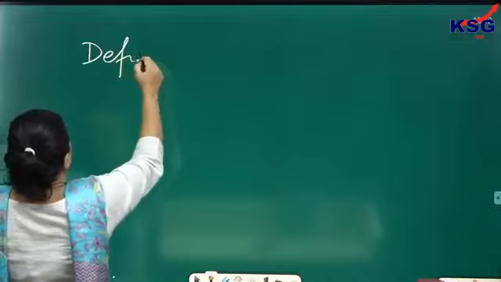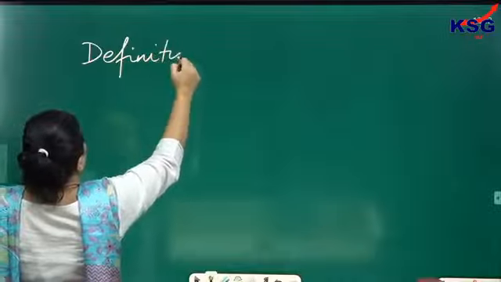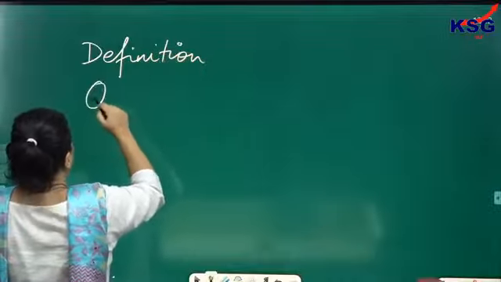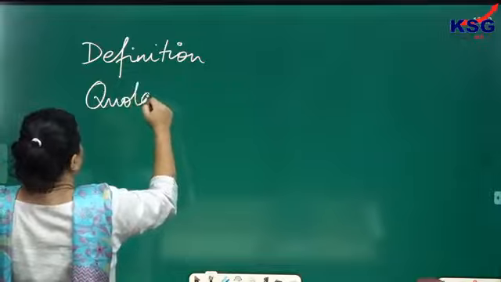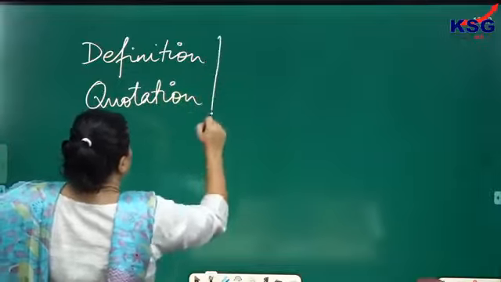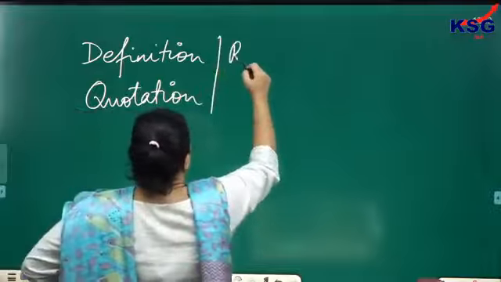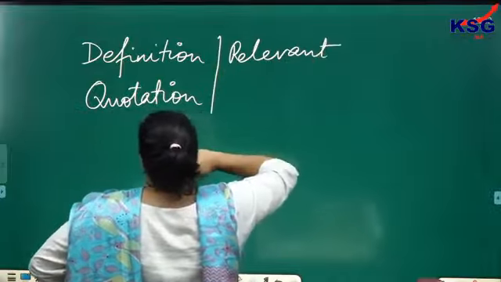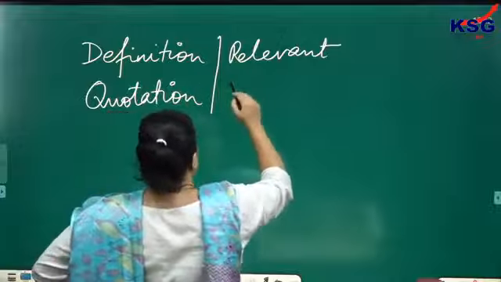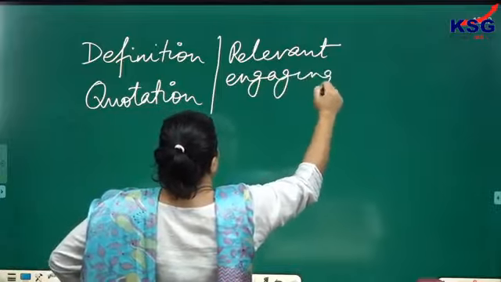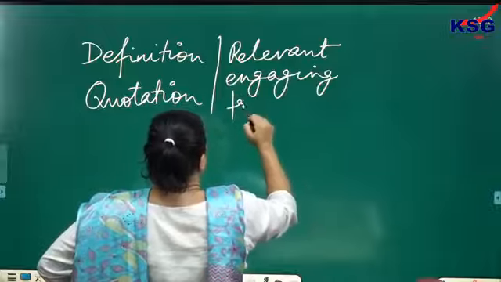So first let me take the component of definition, or along with definition, as I said, quotation. See to it that when you are giving a definition or quotation, it is relevant, engaging, and fresh.